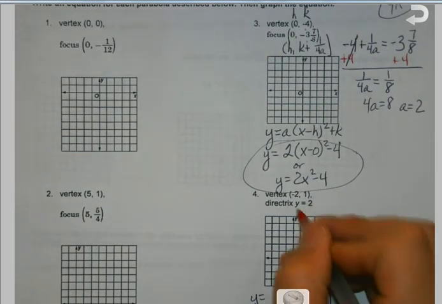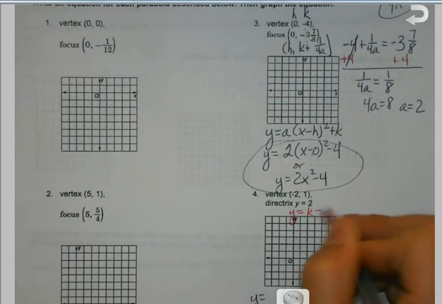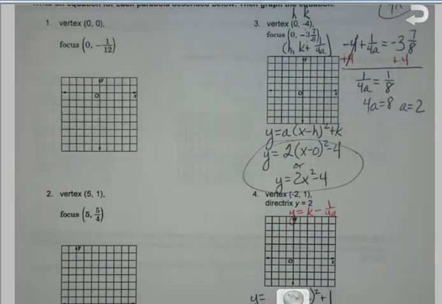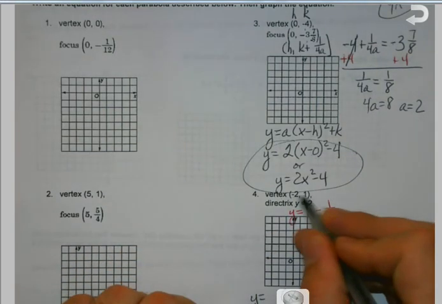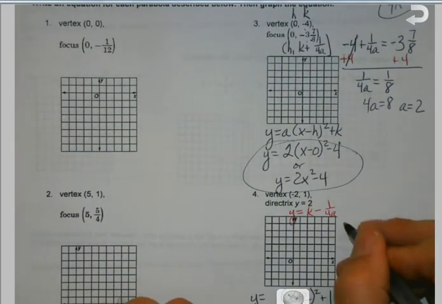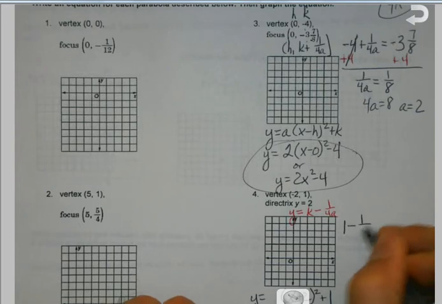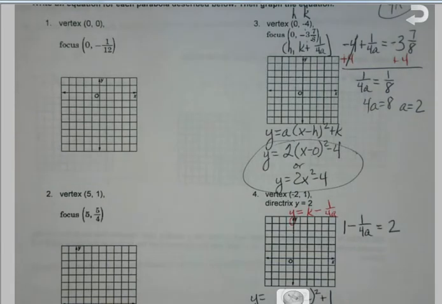My directrix is y equals k minus 1 over 4a. If that's the case, my k value is 1. So 1 minus 1 over 4a equals 2, because they're both y equals, so these two are equivalent. Okay, solve it like an equation.